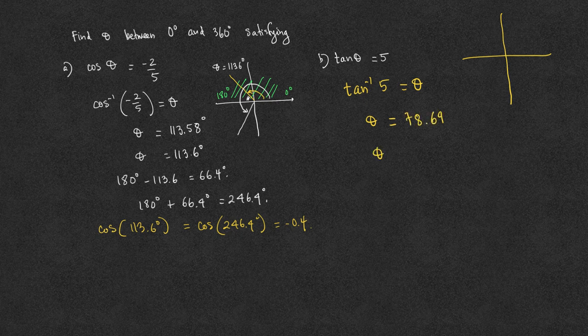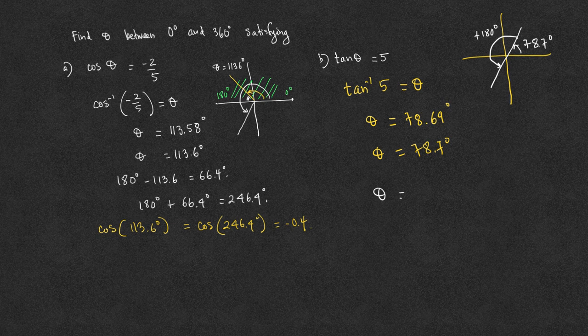Rounded to one decimal place, this is 78.7 degrees. This angle is in the first quadrant, and tangent is positive in the first and the third quadrant. And so we will obtain another angle if we add another 180 degrees to the first angle that we found, which is 78.7 degrees.